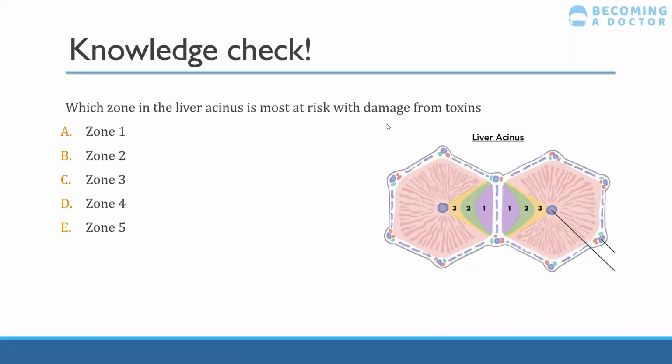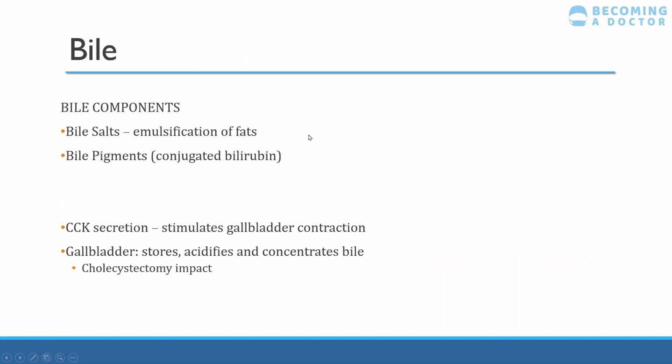Okay, so your bile. It is made mainly of your bile salts and your bile pigments. So with your bile salts, this is the major component of bile, and it could involve things like your cholic acid.